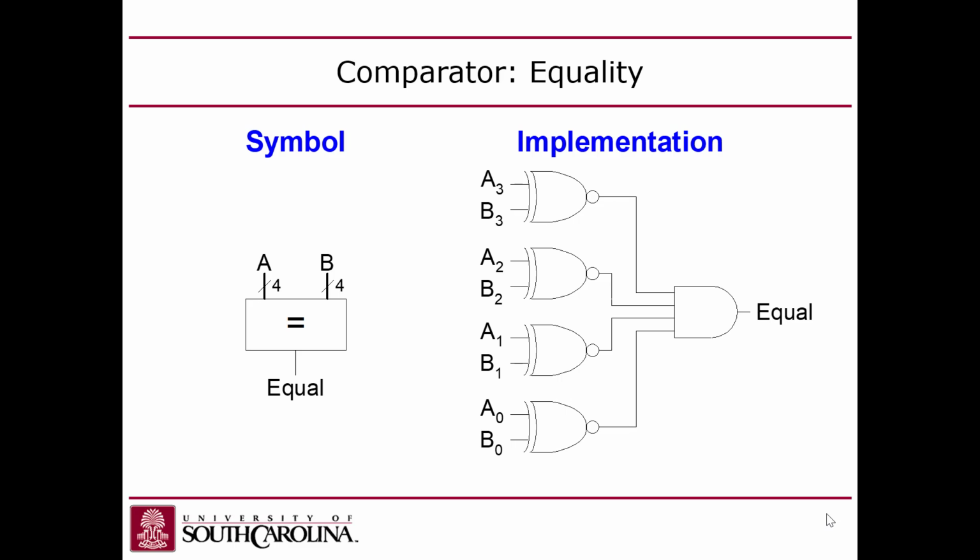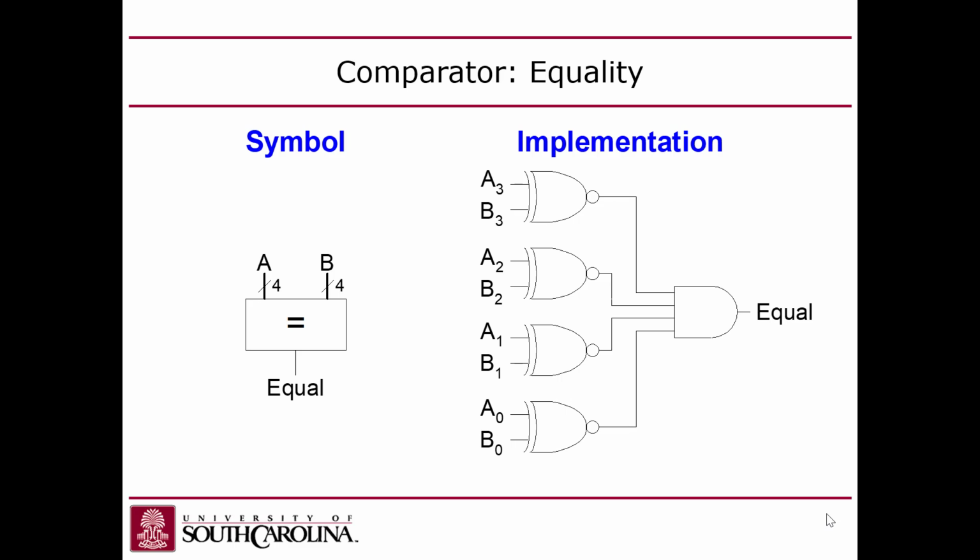And then 1 XNOR 1 is a 1, and 0 XNOR 0 is a 1. So in this case, this indicates that the 3 most significant bits match. But then you feed all of these into a reduction operation. Remember, in Verilog you can take all the bits of a multi-bit signal and feed them all into a big gate. In this case, they're all going into an AND gate.